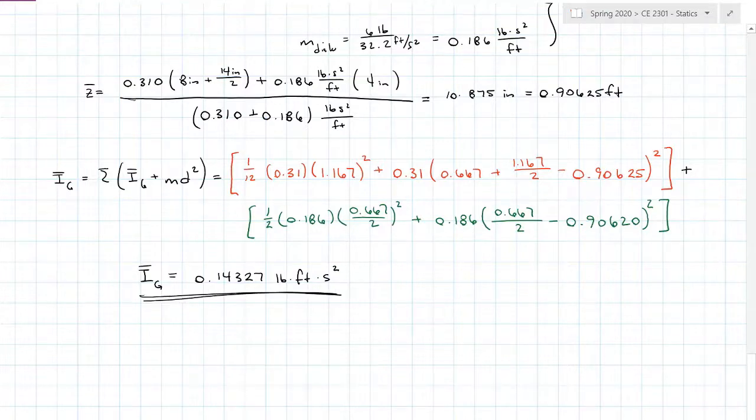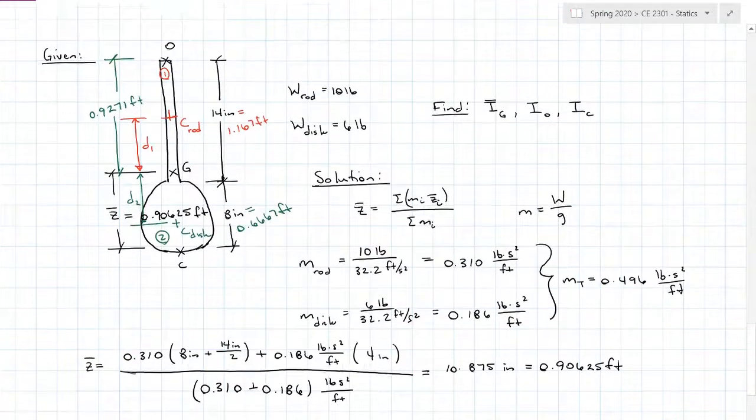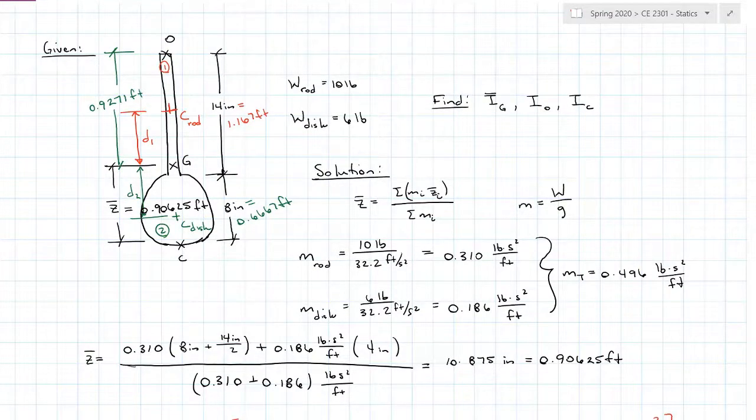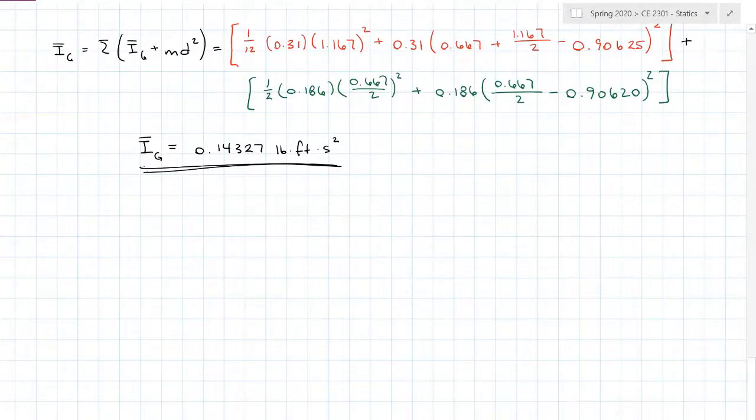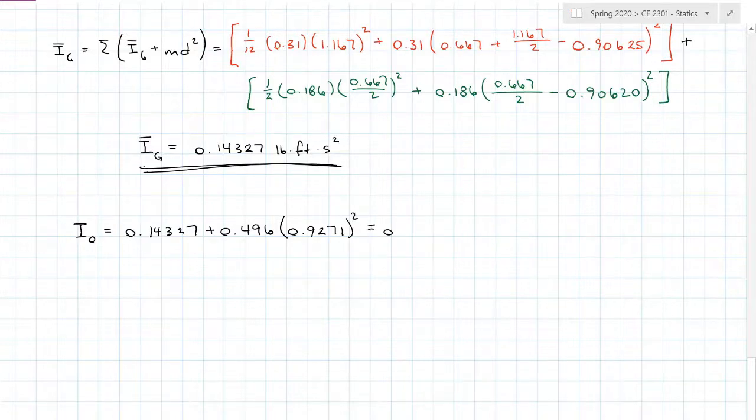Now that I have this one, I can use parallel axis theorem to move to a line through O and a line through C. I_O is equal to that centroidal mass moment of inertia plus the total mass times the distance I want to travel, which would be from the center to the top, 0.9271 squared, which is equal to 0.5696 pound-feet second squared.